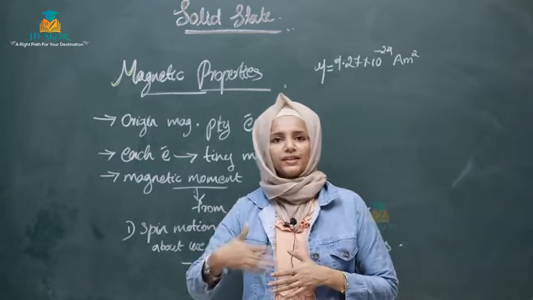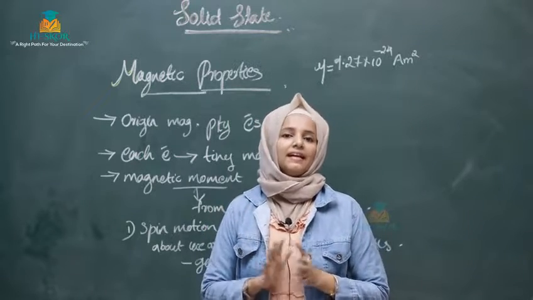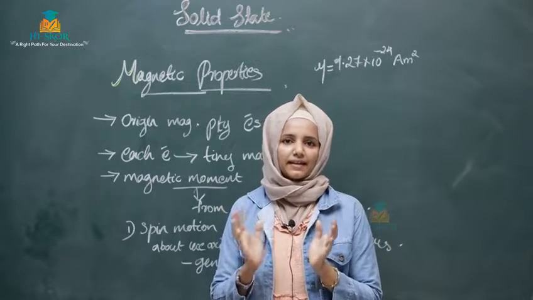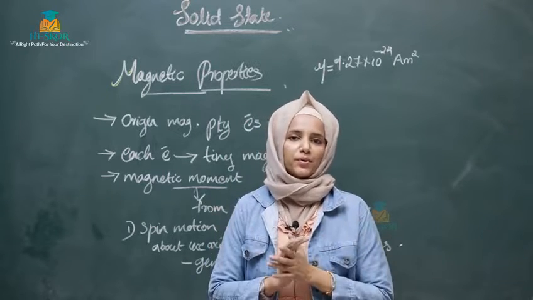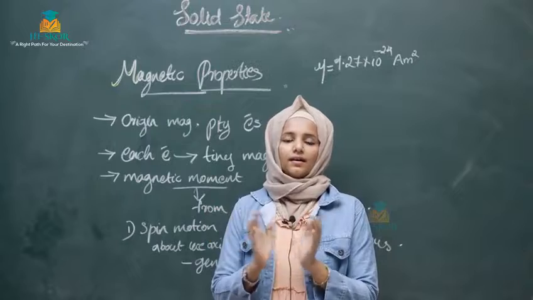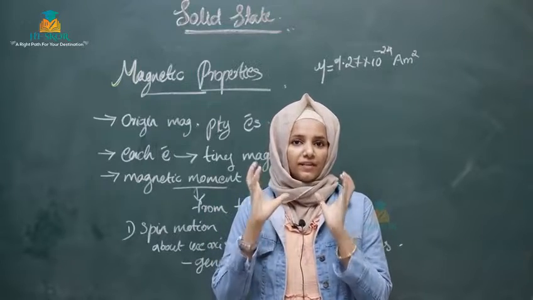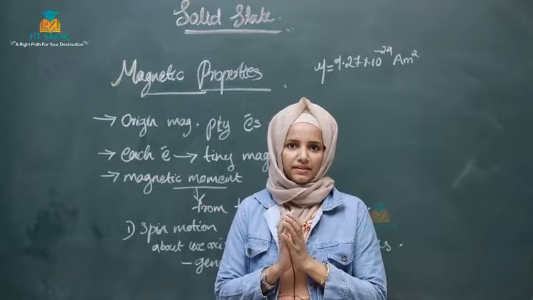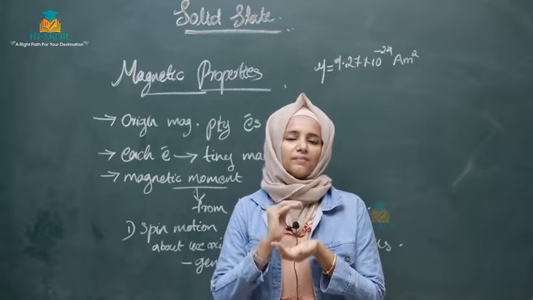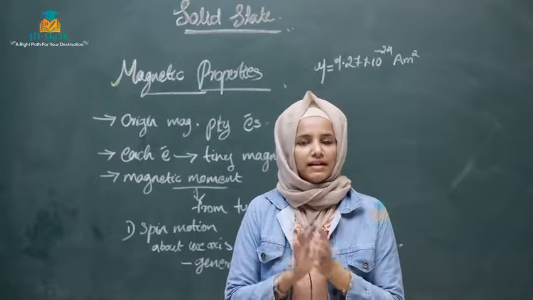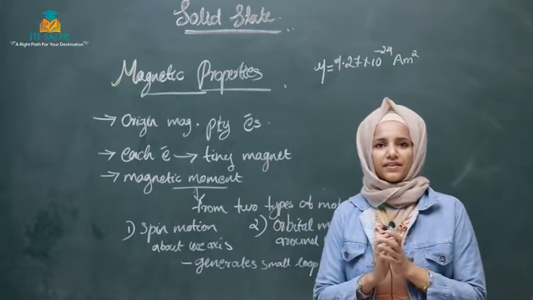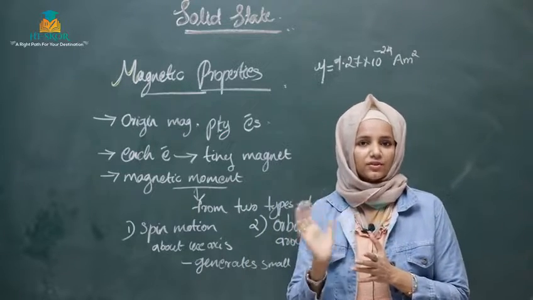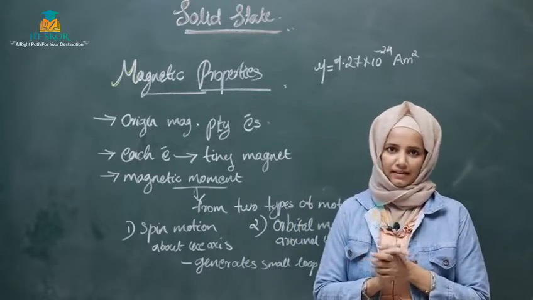Due to these two types of motion, electrons generate a magnetic moment, like a small current loop, so a certain value of magnetic moment will be there. That is a small magnetic effect produced in the electron itself. That is why every electron behaves as a tiny magnet.